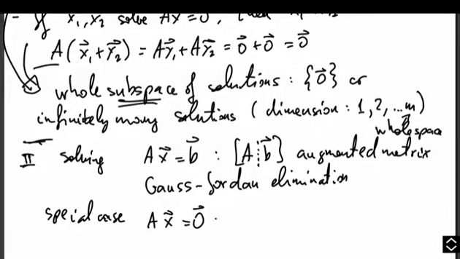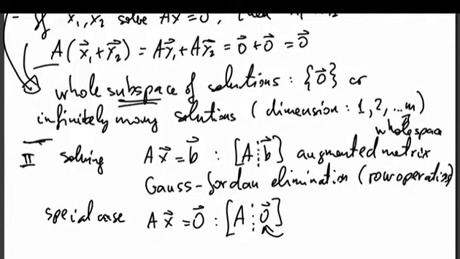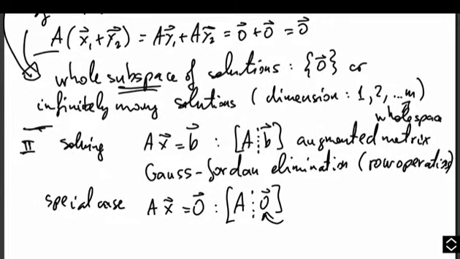So in this case, the augmented matrix would have the last column, the 0 column. And when we do the Gauss-Jordan elimination, we do row operations, adding together scalar multiples of rows. The 0 column stays 0, and because of that, it's really not necessary to carry around.